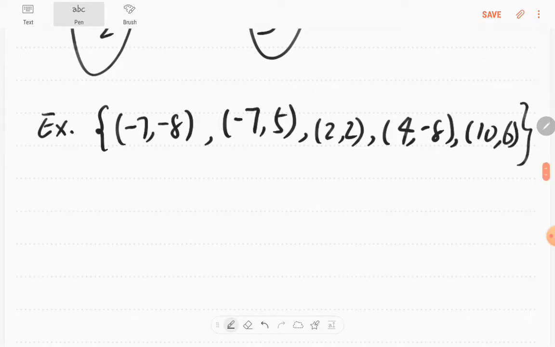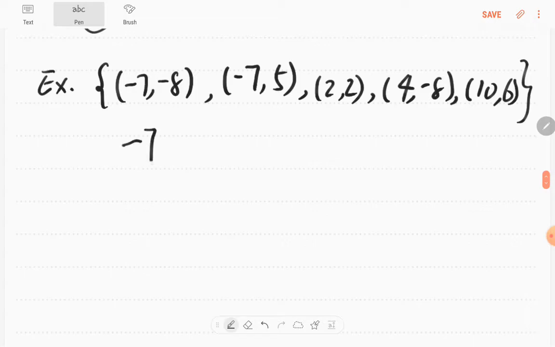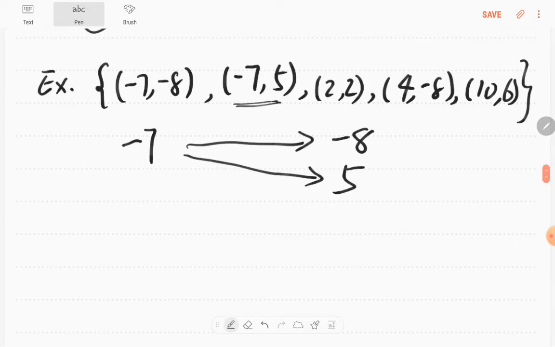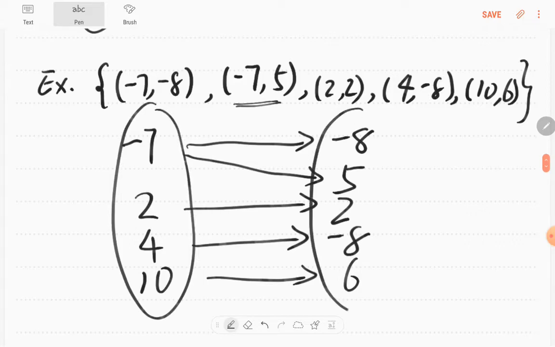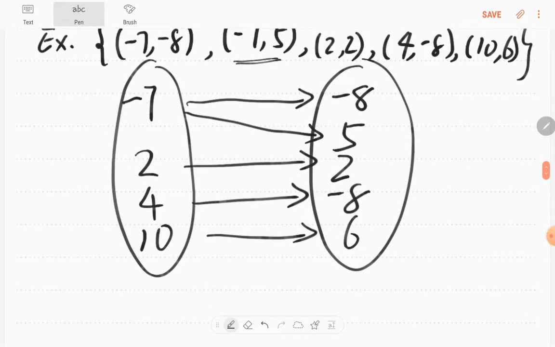Okay, so now let's look at the correspondence. -7 corresponds to -8. -7 also corresponds to 5. 2 corresponds to 2. 4 corresponds to -8. 10 corresponds to 6. So from this chart, you can see that this -7 on the left side corresponds to two elements, -8 and 5, on the right side. So this one is not a function.